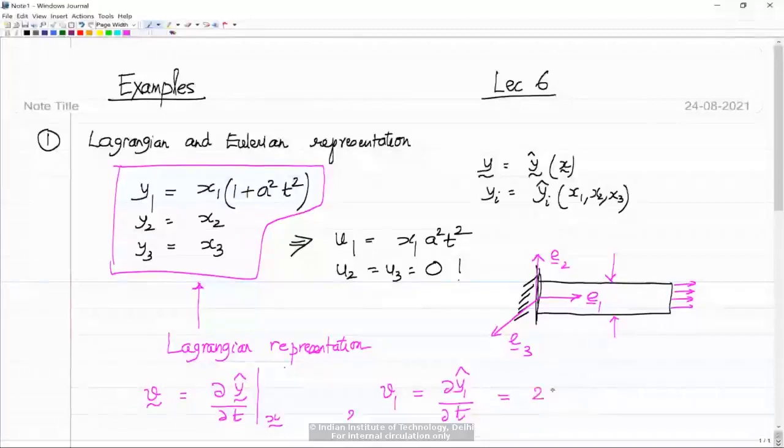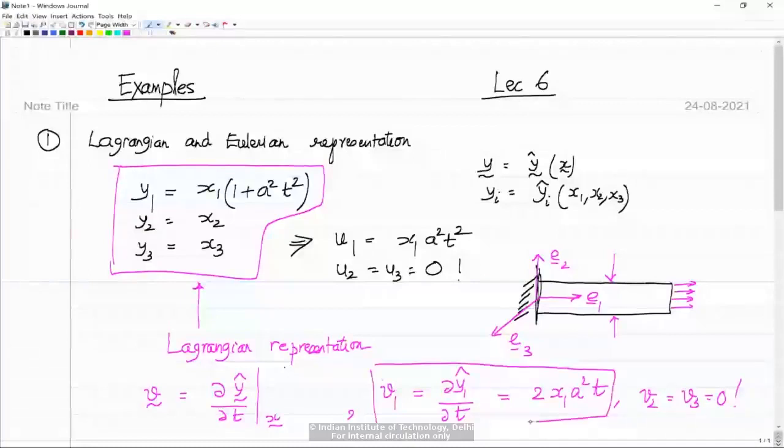So what you get is 2 times x1 a square into t. Okay? And obviously v2 and v3 are equal to 0, right? Because it is fixed in 2 and 3 directions. Now you see this representation, this is Lagrangian representation.